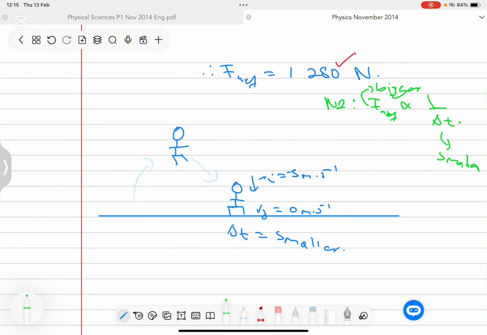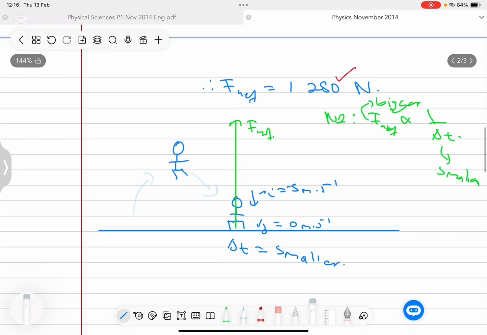That means now we are going to experience a much bigger force compared to the force that we had when the time was bigger, because this time would be smaller than in the first scenario. So expect the force to be much bigger because the time is smaller.